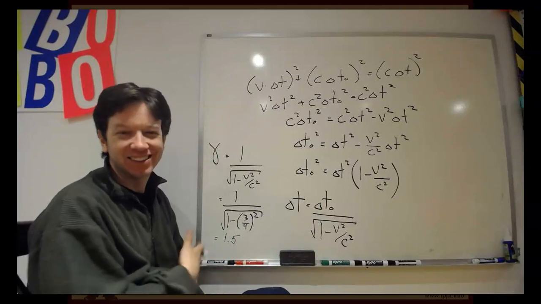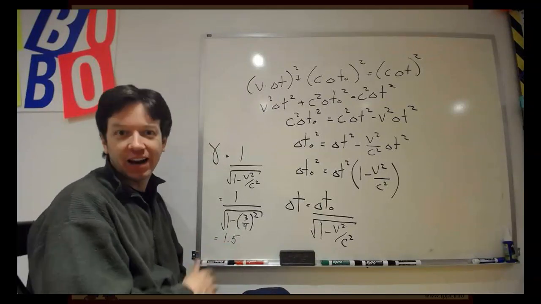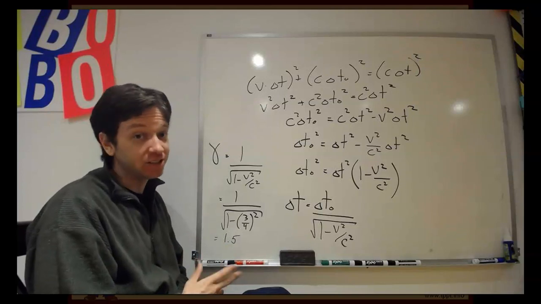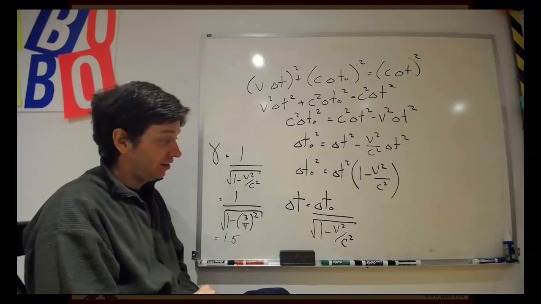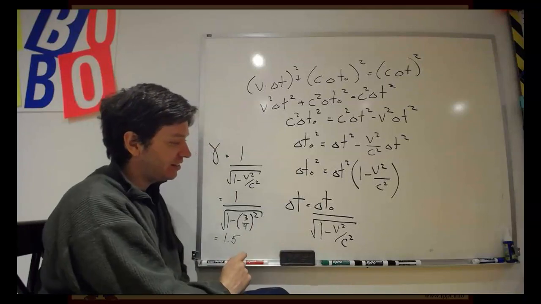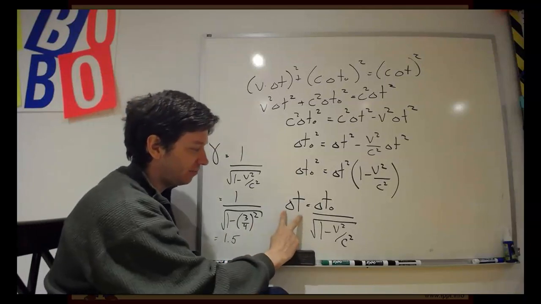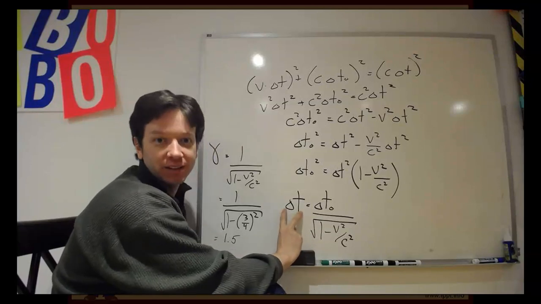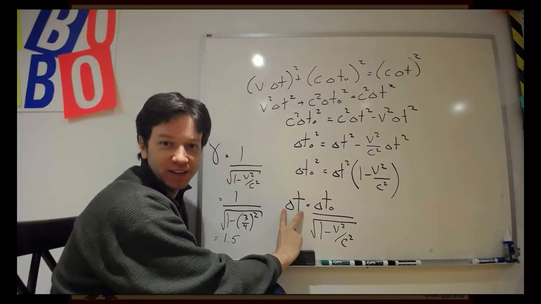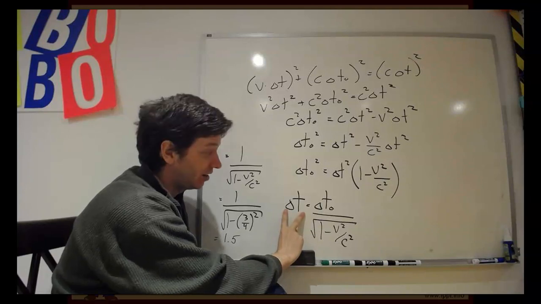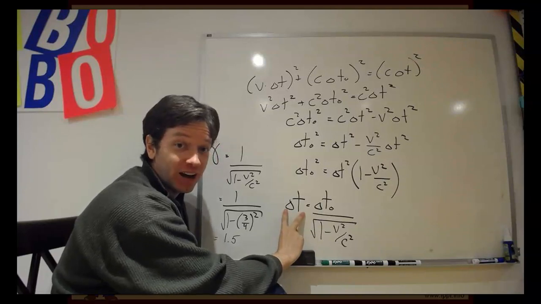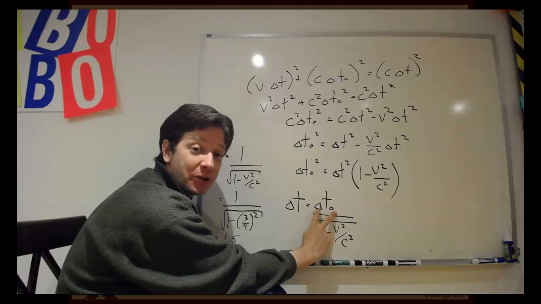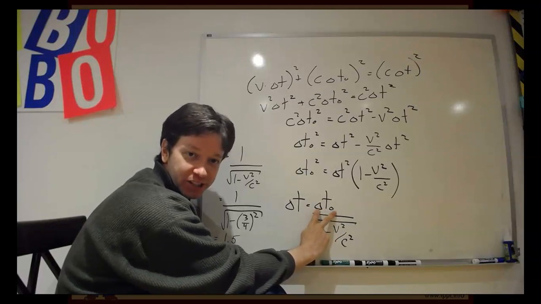Well, okay, it's close to 1, but still, you can't approximate it to be 1 because you have huge errors now. And if we write that into this equation, the time that the person floating around outside the spaceship measures is 1.5 times the amount of time that the person on the spaceship measures.